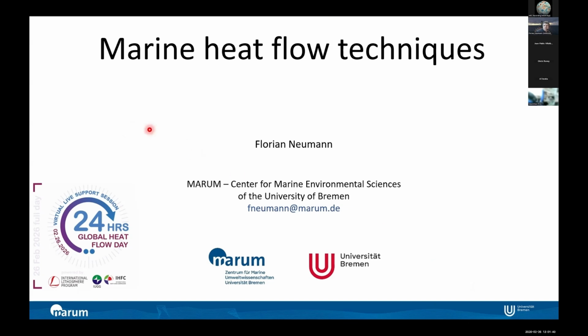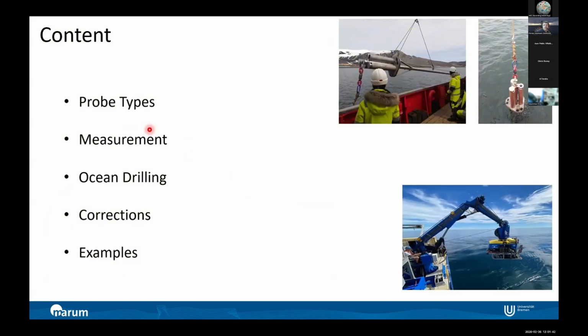What I'd like to talk about today is first a little bit about the different probe types we are using, how we make a measurement. Then I'd like to talk very briefly about the ocean drilling, because I see it as also part of ocean heat flow values, even though it's a similar procedure as on the continents.